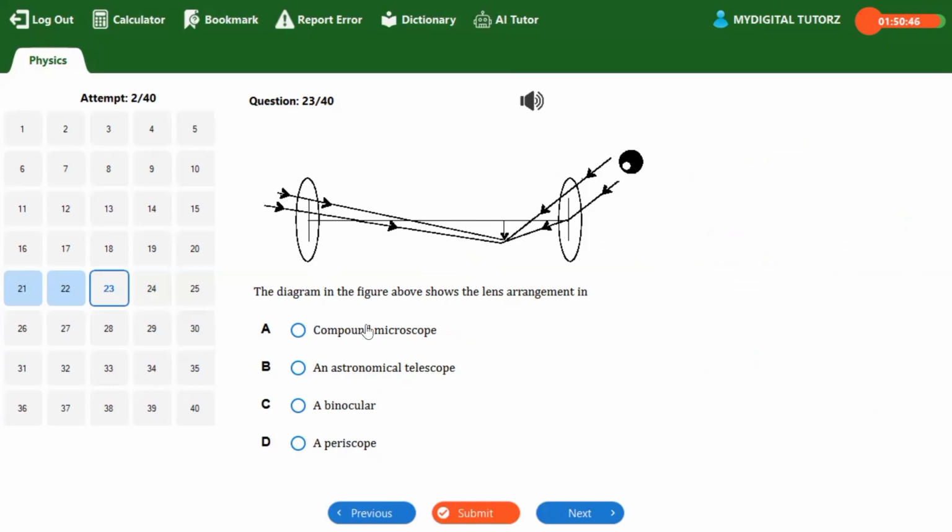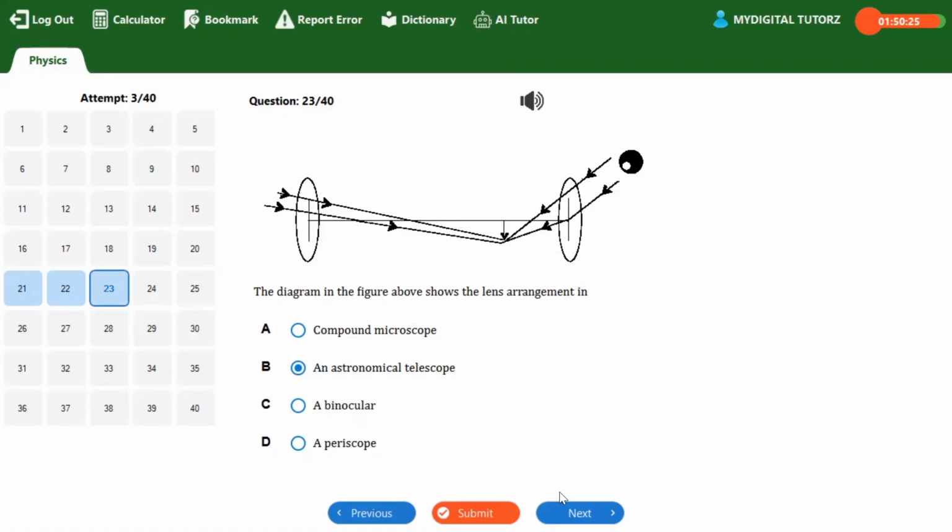If it is a compound microscope, it has an objective lens and an eyepiece. The eyepiece has a larger focal length, while the objective lens has a smaller focal length. So they are not the same. But this one, now you can see the lenses are the same. Therefore, the correct arrangement here is for an astronomical telescope.